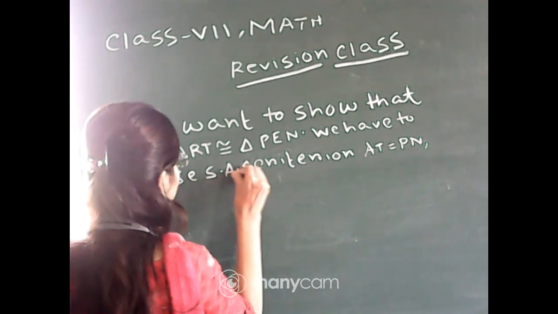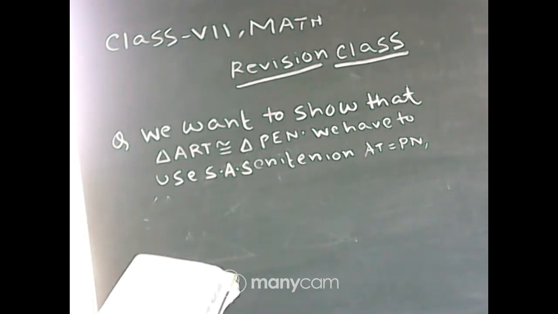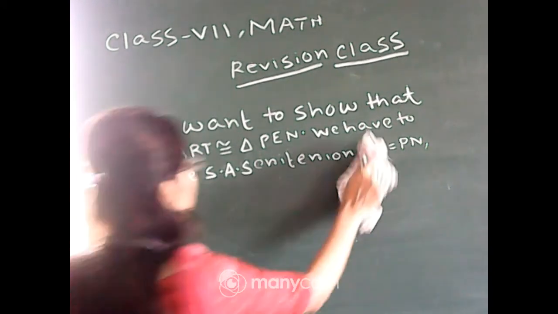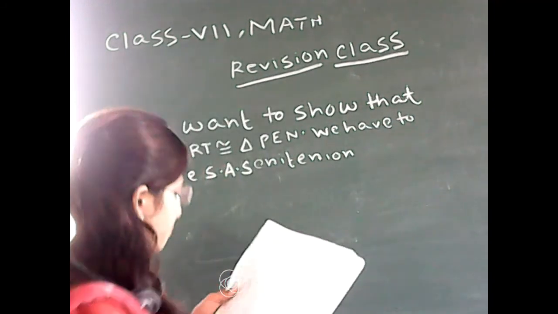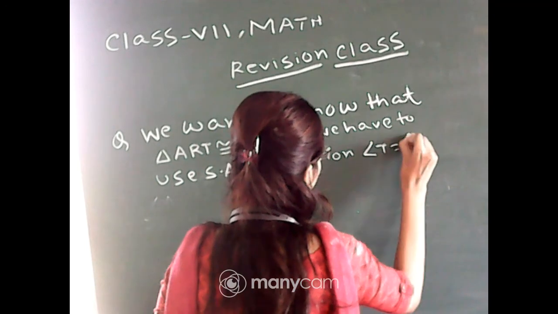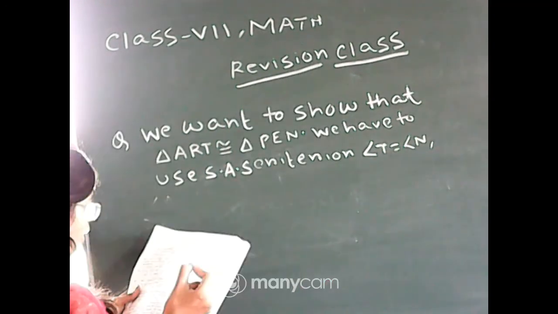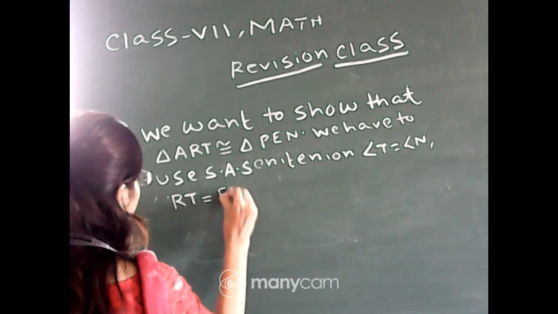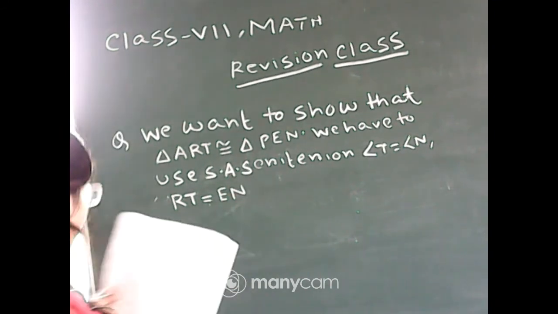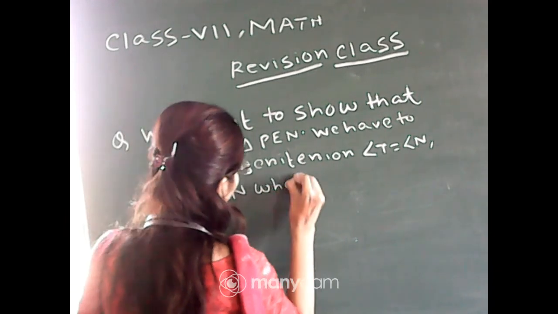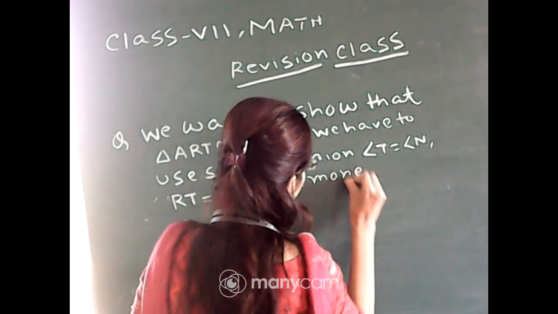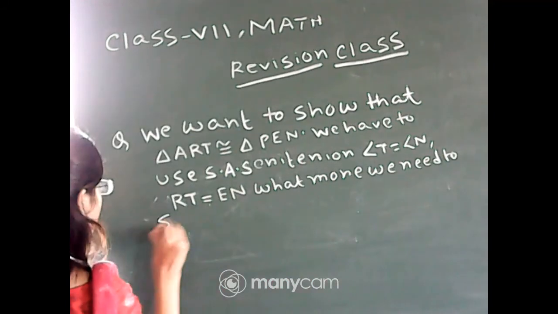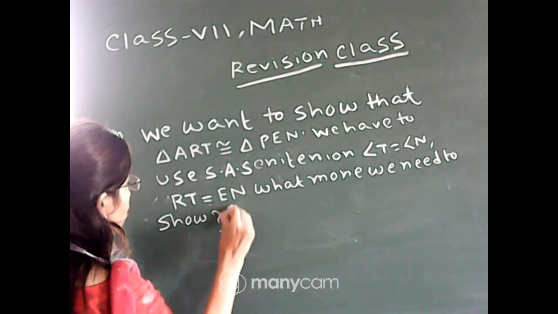Here it is given that angle T is equal to angle N. Also, it is given that side RT is equal to side EN. What more we need to show?